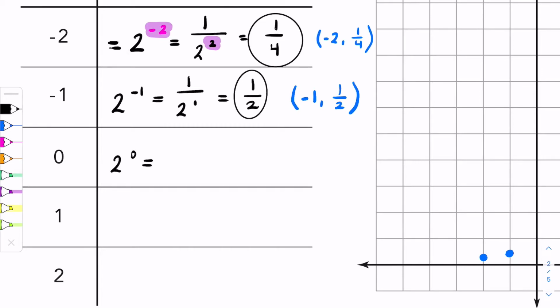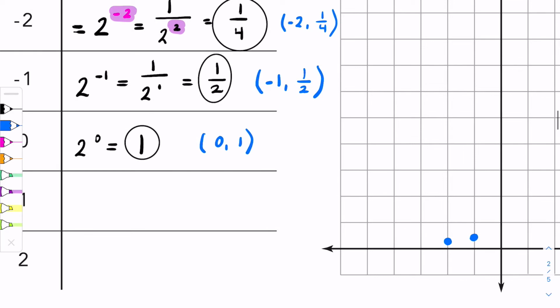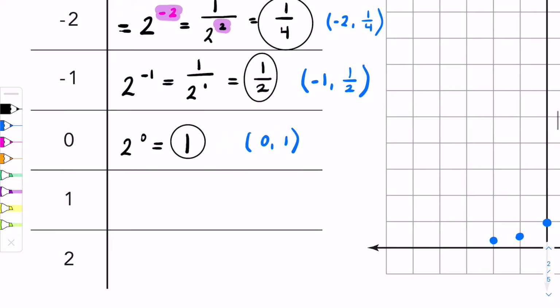Remember from the front page, anything to the power of 0 is 1. Our ordered pair will be plotted at 0, 1. Two to the power of 1 is 2. Plot the next point at 1, 2.